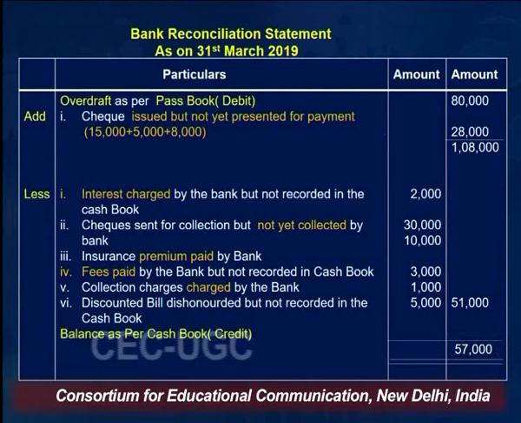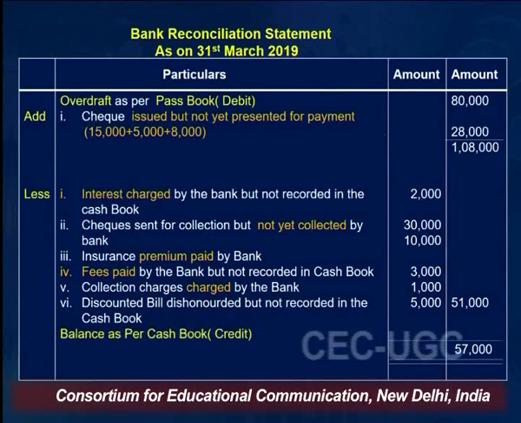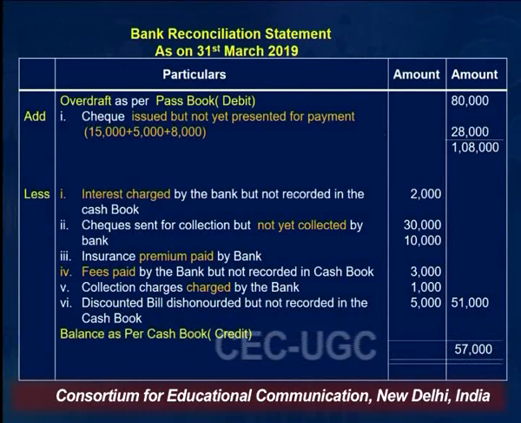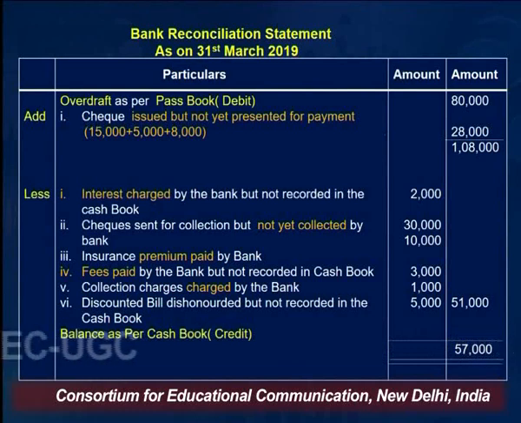So this entry was recorded in the cash book but not by the passbook, or not by our bank. So what are we supposed to do? Where are we heading? We are heading for the balance as per cash book. So we do what has been done in the cash book. In the cash book, this item is deducted. It is shown on the payment side.